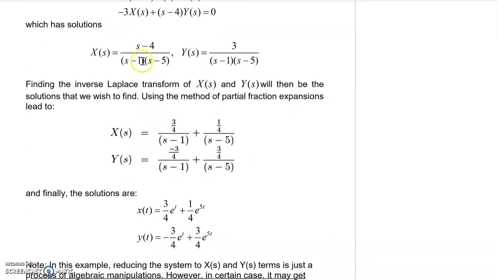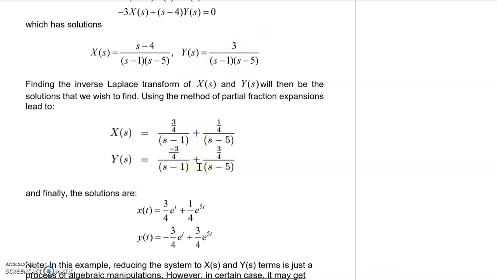You can see we have the denominator in terms of bracket times bracket. Then we know this is partial fractions, so we do the partial fraction, and we come up with these fractions here. Similarly for y, you rewrite the term here in terms of partial fractions.